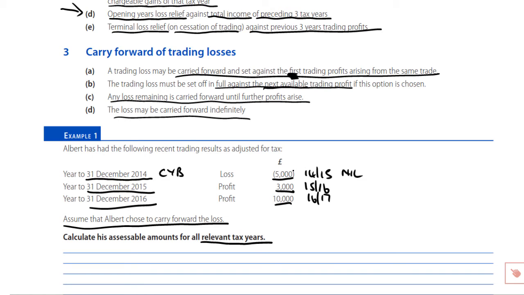So how would you use that loss of 5,000, irrespective of any other income for the 15-16 or 16-17 tax year? That 5,000 would firstly go against the £3,000, and all of the 3,000 would be eliminated, leaving you left over with £2,000 of loss to then go against the £10,000.